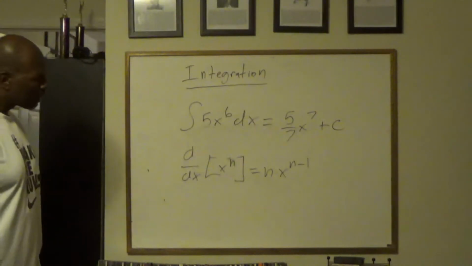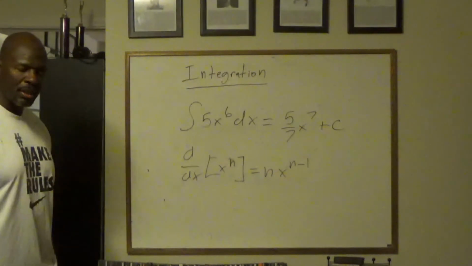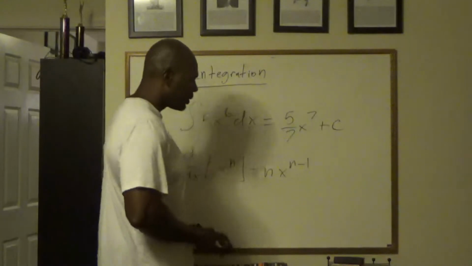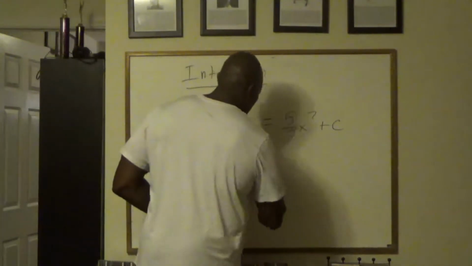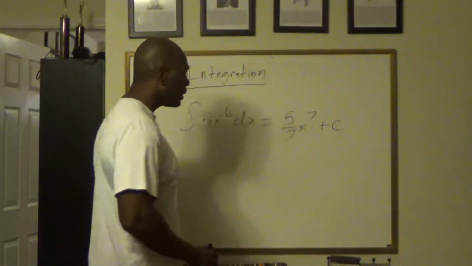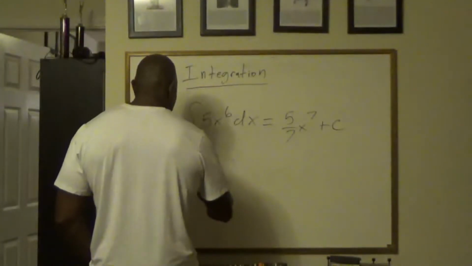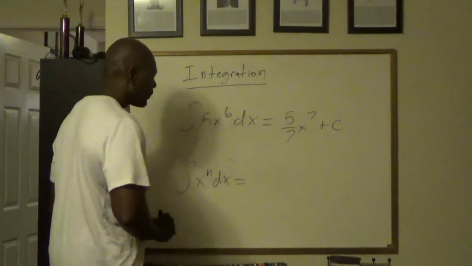is n times x to the power of n minus 1. Well, let's think about doing the opposite of what's occurring here. Now look very carefully, and I'm going to use this example as a way to set up my formula. So I'm about to deliver, right before your very eyes, the power rule for integration. So if I was to integrate x to the n dx, what would I get?